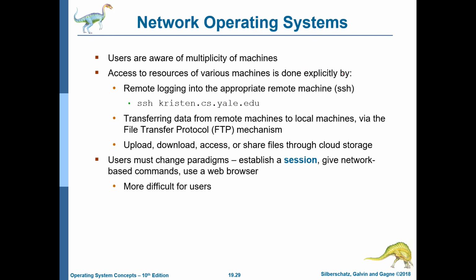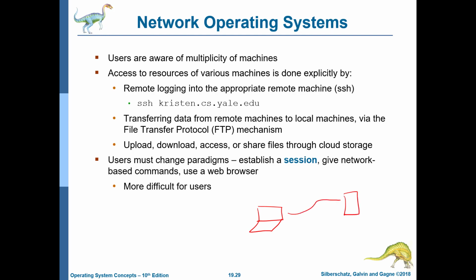Coming to network operating systems, where users are aware of the multiplicity of machines, the key idea is that we need to achieve multiple things in such a scenario. A classic example of a network operating system, where of course the word operating system may not be the most appropriate, would be that I have a client machine, like my laptop here, and I have a remote server.